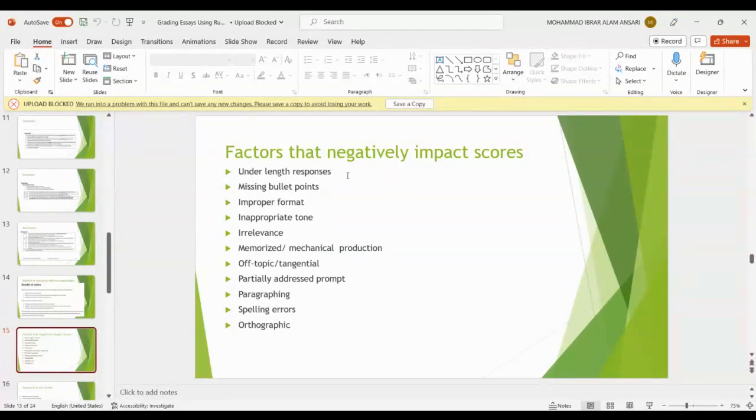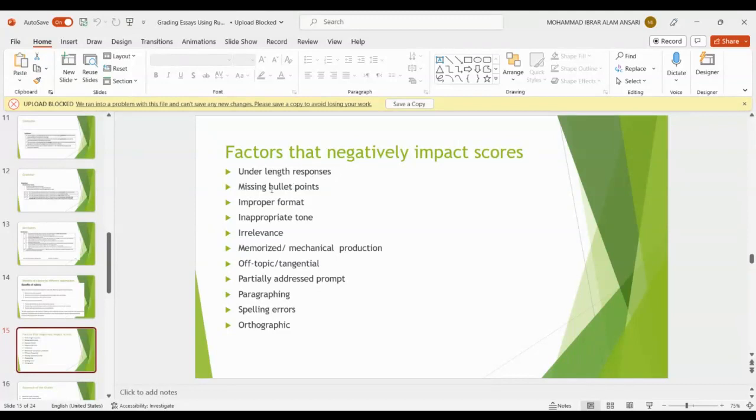They won't get the score that they're actually looking for. So if an essay is written below the word limit, the students can't get full marks.